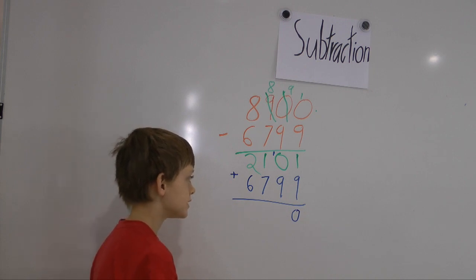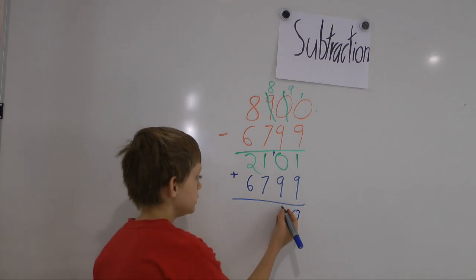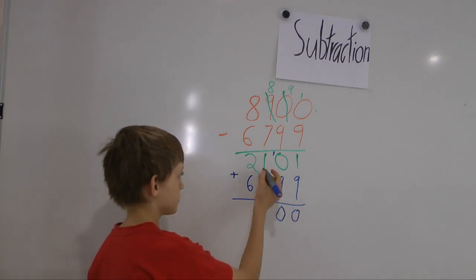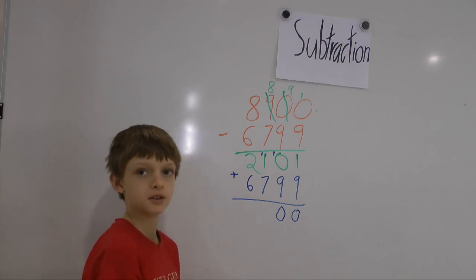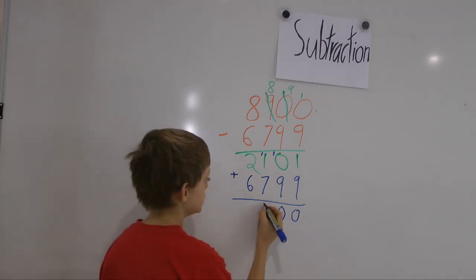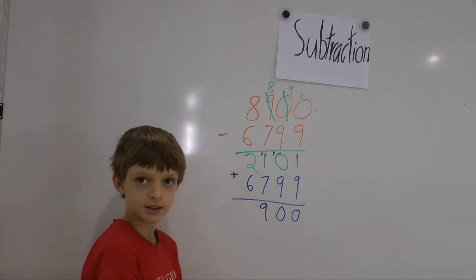That is 0 plus 9 is 9, plus 1 is 10. So I do the same. Now I do 1 plus 1 is 2, plus 7 is 9. Now, 2 plus 6 is 8.